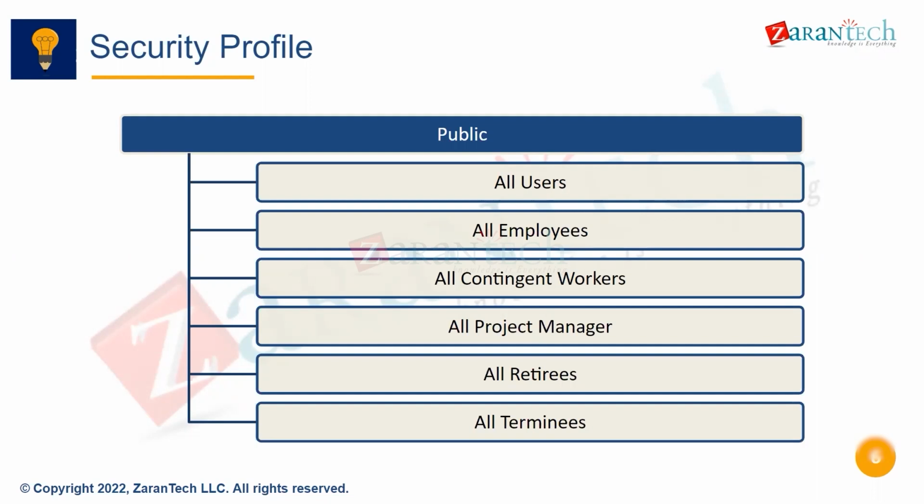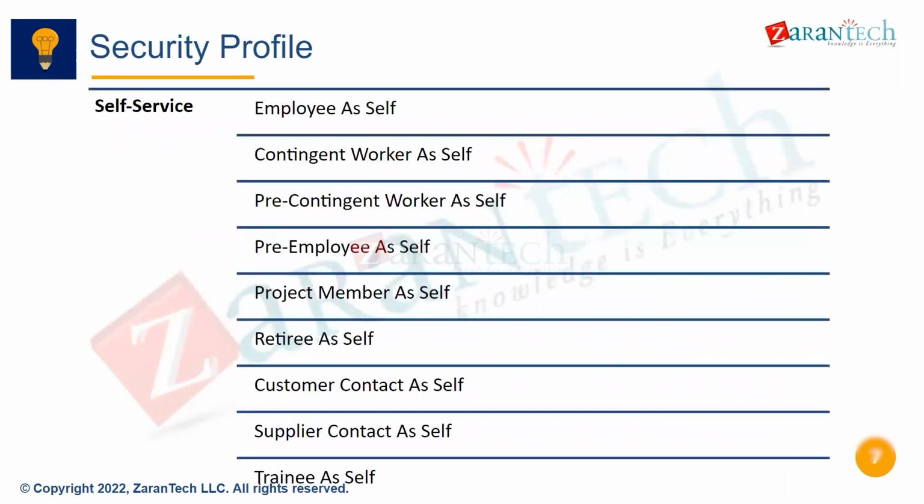These are also Workday delivered securities. Self-service means we have employee as self, contingent worker as self, or customer contact as self. Anything that is 'as self' is also a Workday delivered security group, which will be automatically assigned to the employees based on these criteria.